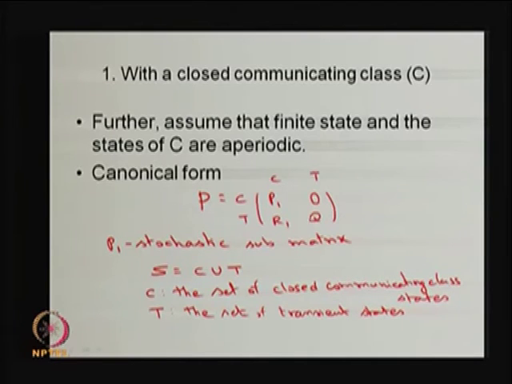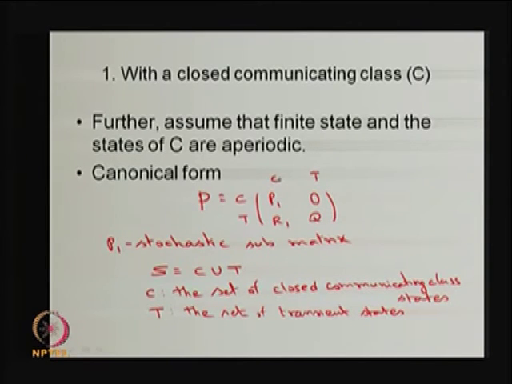Since it has one closed communicating class and a set of transient states, I am reordering the one step transition probability matrix in such a way that the first few rows correspond to the states of the closed communicating class. Suppose the number of states in this reducible Markov chain is N; there is a possibility that fewer states are in C. Therefore, those rows make a submatrix, that is P1.